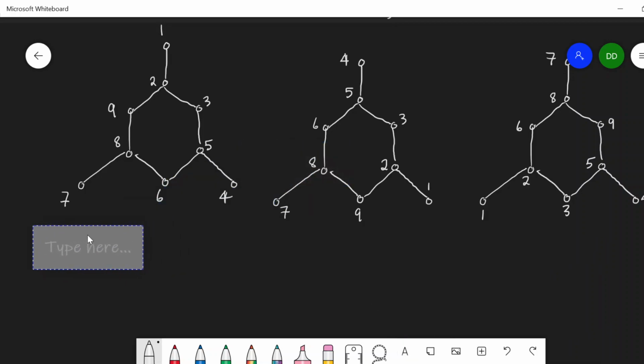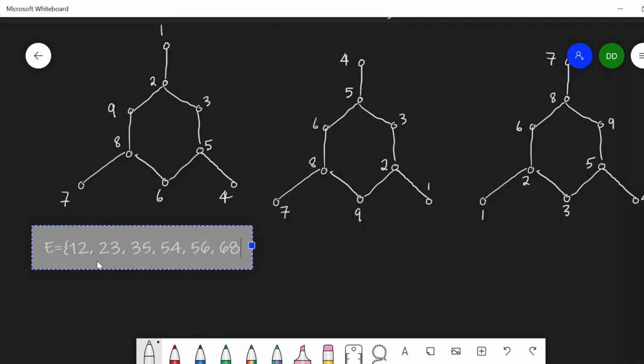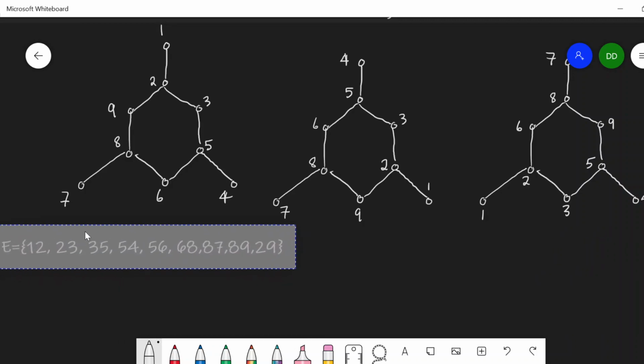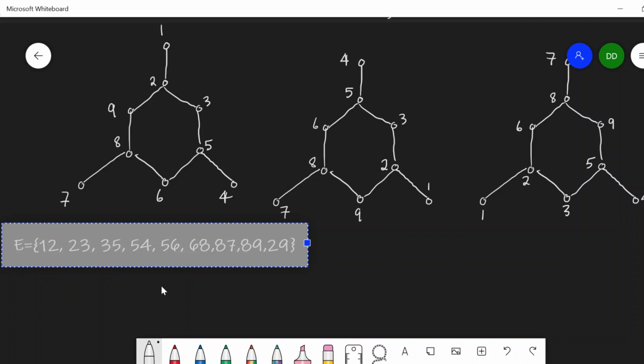Maybe I'll try and list the edge sets here. So the edge set here would involve the elements, let's see, we have 1 and 2 are adjacent, so 1, 2, we have 2, 3, we have 3, 5, we have 5, 4, we have 5, 6, 6, 8, 8, 7, 8, 9, and 2, 9 would be my edge set for this first graph.